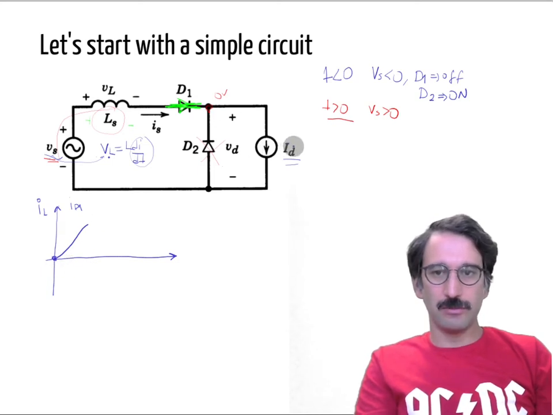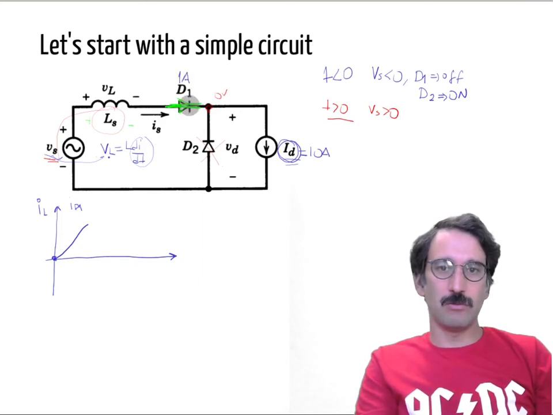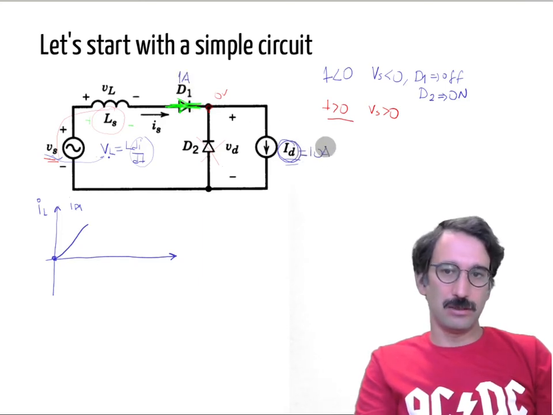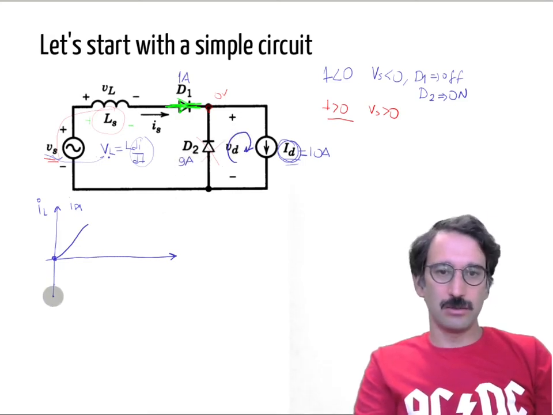Then from the current source point of view, let's say this is 10 amps, and if that diode current has reached 1 amp, again this is an ideal current source, so it will have 9 amps from here. So from the other diode's perspective, this is D1, this is D2.